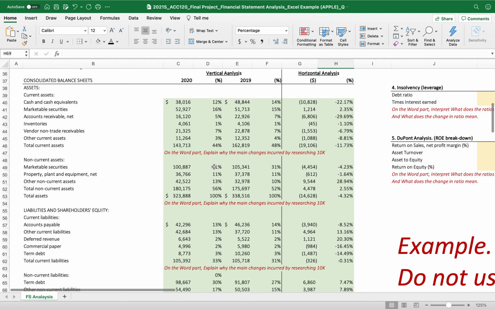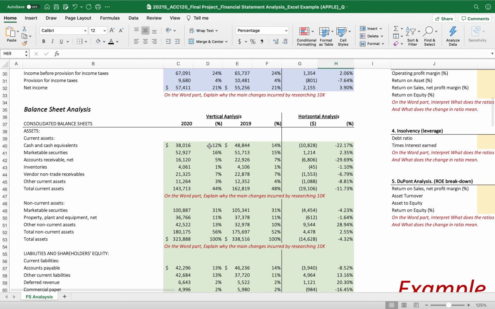Okay, got it. So here, the vertical analysis part, you can see that is the balance structure of a company. So the cash amount out of the total asset is now reduced by 12%. That means that the company now uses more cash in 2020 than 2019, right?